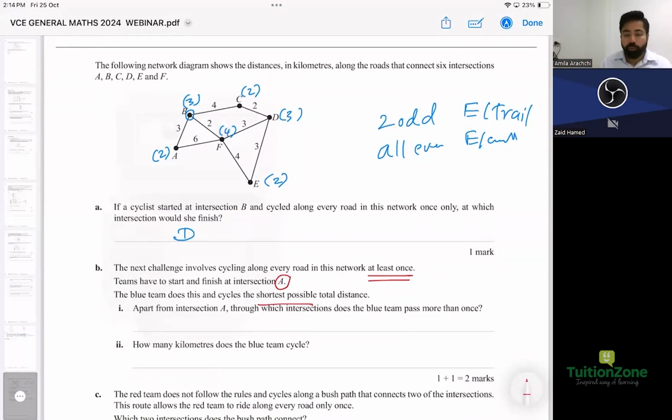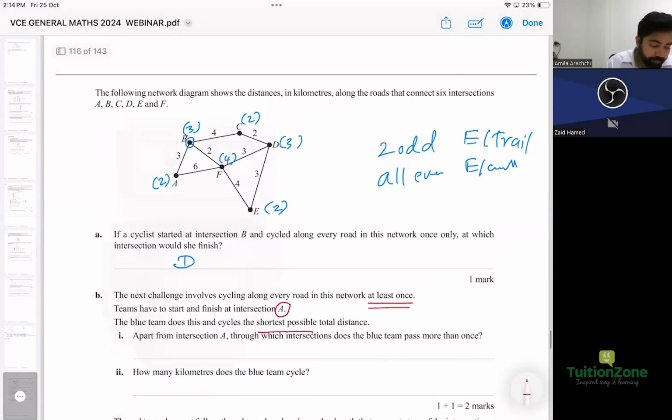So maybe draw the diagram. Starting from A, you should finish on A. Just draw it and see how you draw it starting from A. Make sure you go through every road at least once. You can go multiple times if needed. So maybe I'll start from here, go this way.